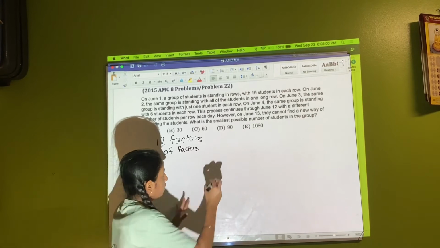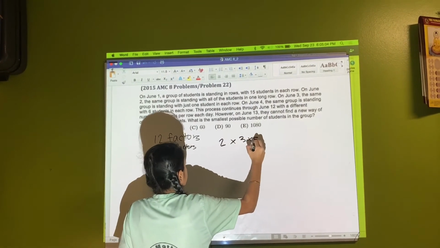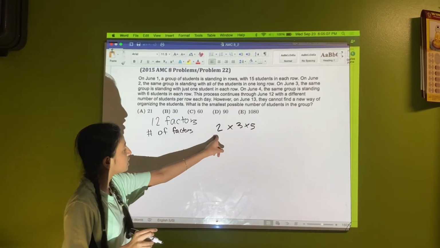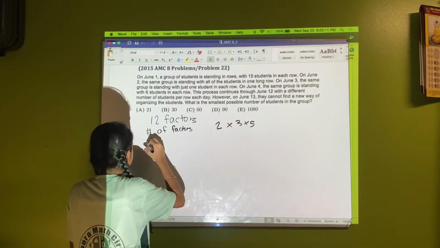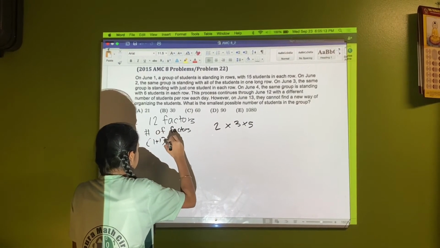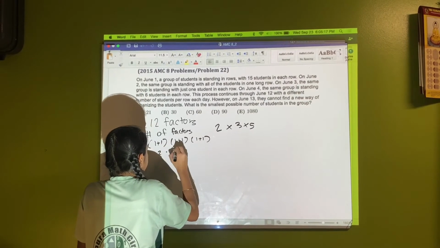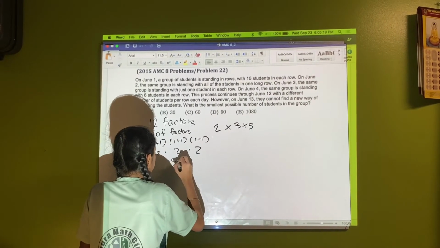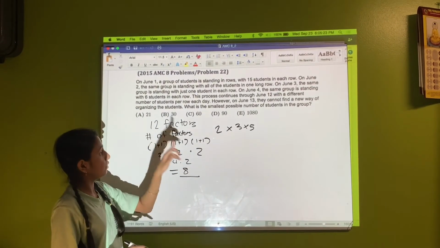If you write them out in multiplication, you get 2 times 3 times 5. Now if you just plug these into this formula, we have 12 factors. Let's see what we get. 1 plus 1, 1 plus 1, 1 plus 1, 2 times 2 times 2, 4 times 2, we get 8 factors. But we need 12 factors, okay?